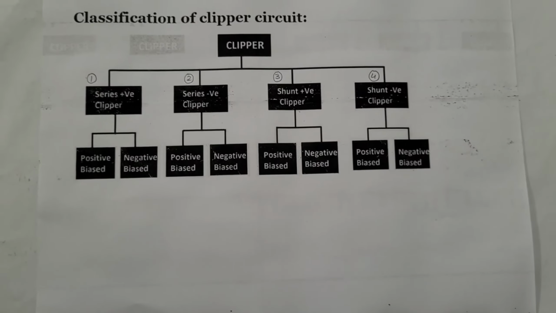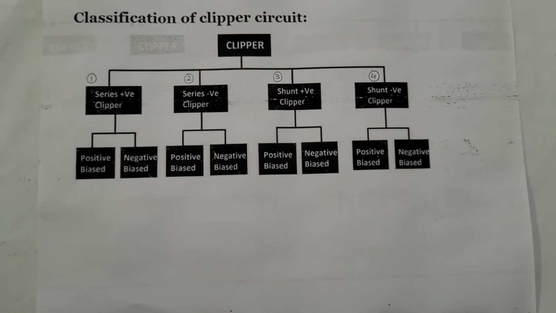Third list of clippers are namely shunt positive clipper, shunt positive clipper with positive bias, shunt positive clipper with negative bias. Fourth list of clippers are namely shunt negative clipper, shunt negative clipper with positive bias, and shunt negative clipper with negative bias.